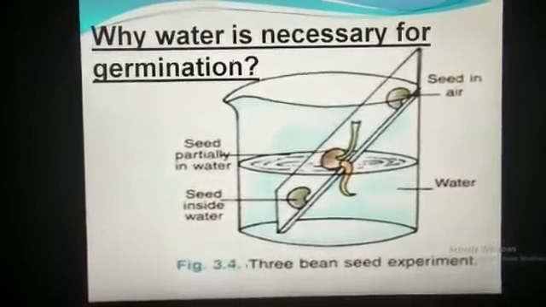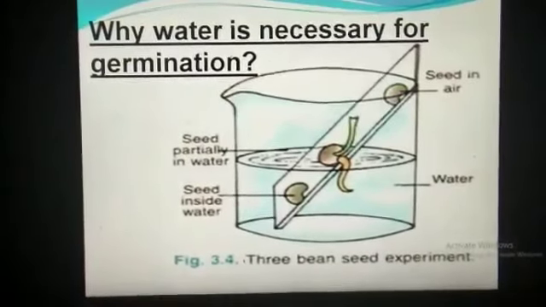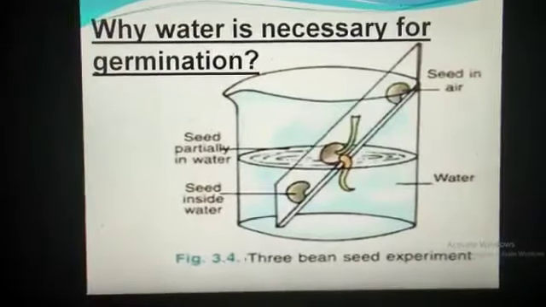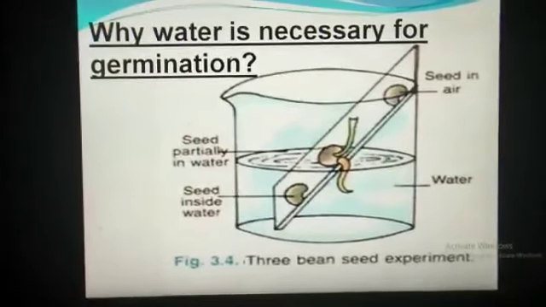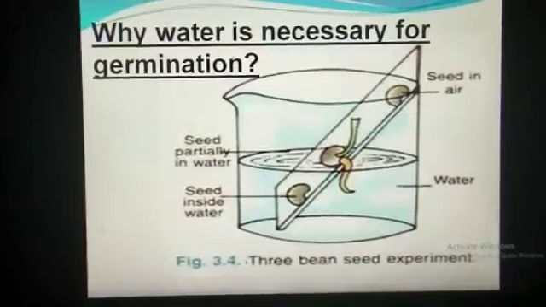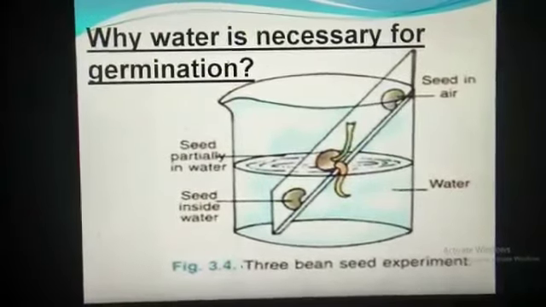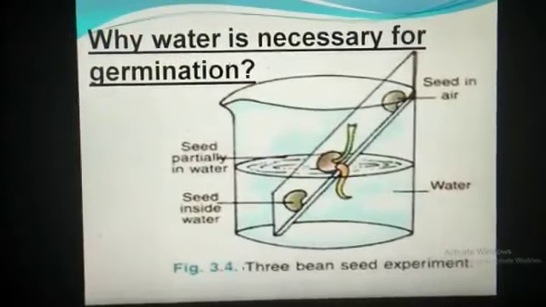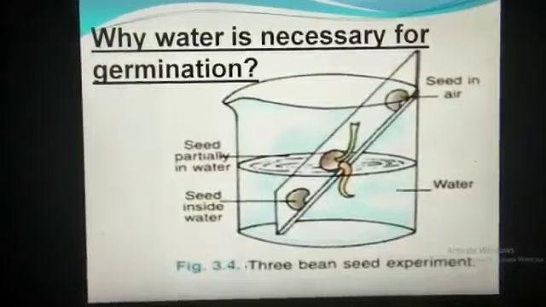Now this is the three-bean seed experiment. It shows that three bean seeds are tied on a glass slide and the slide is kept in a water-containing beaker in such a way that one seed is completely immersed in the water, the middle one is half immersed in the water, and the upper one is not in contact with the water, just in contact with the air.